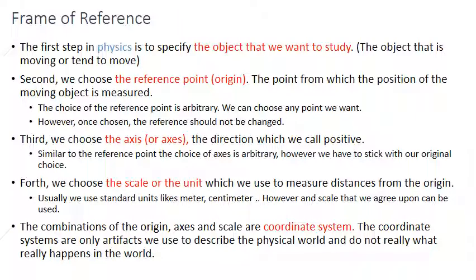So I would choose one wall, for example, as the x-axis and one wall as the y-axis. And then I could be moving along the x-axis, I could be moving along the y-axis, or any combination of both. I could be moving in the positive x direction if I'm moving in the chosen positive direction. I could be moving in the negative x direction.